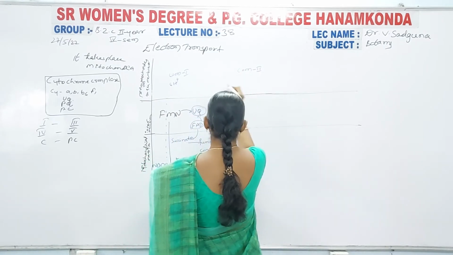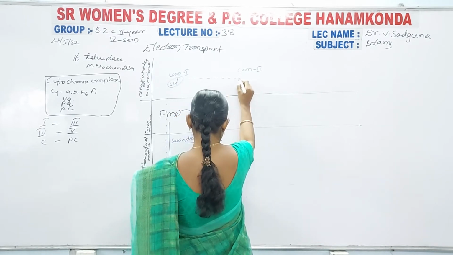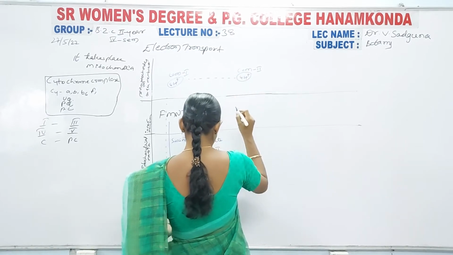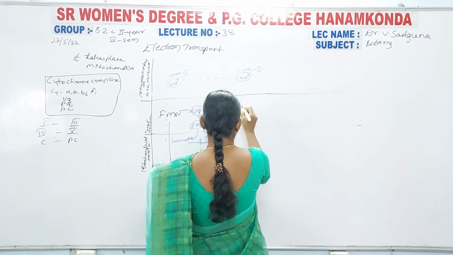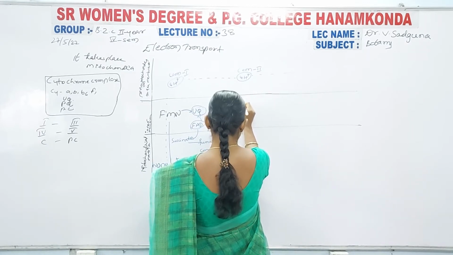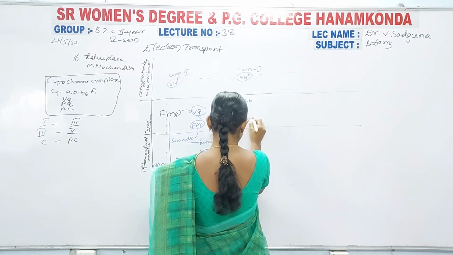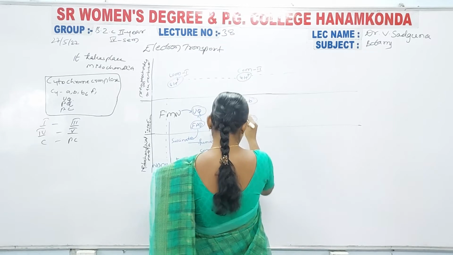Then there are 4 molecules of electrons and 4 molecules of protons. Here in complex 2 it gives to cytochrome B and cytochrome C. These 2 are also different.